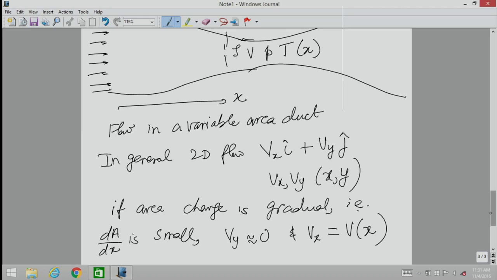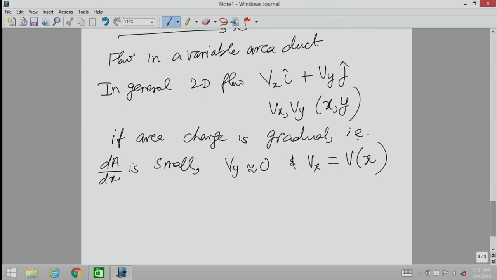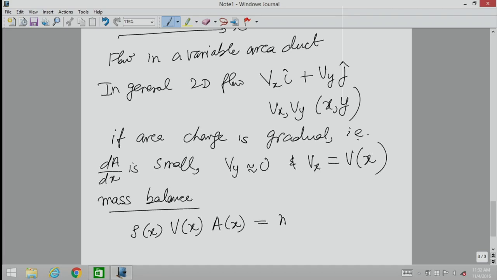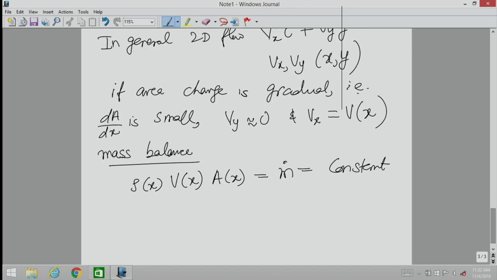These are the properties we are talking of. So now, what type of equations can we write? If we apply mass balance, it tells us rho of x, v of x, A of x, as long as the flow is confined to this tube, must be constant.